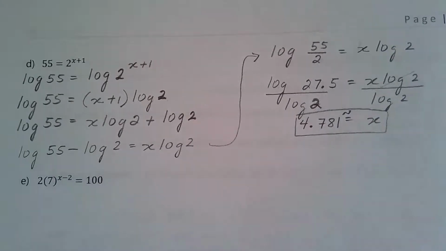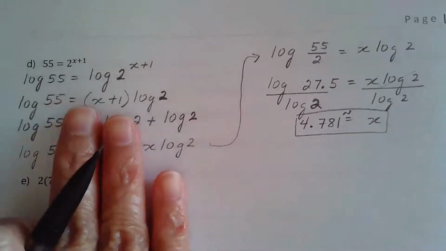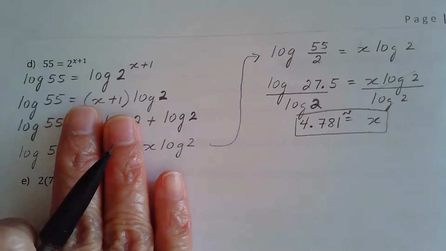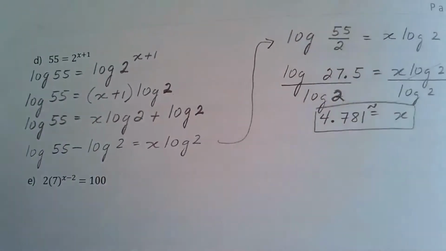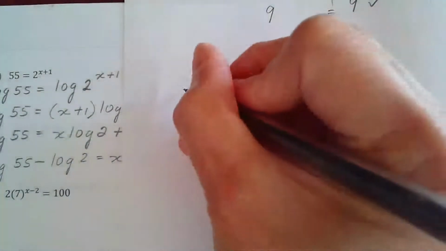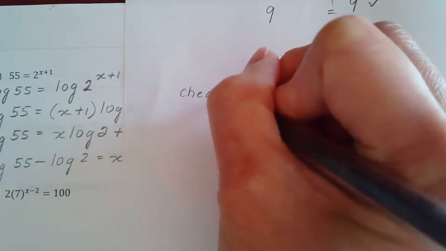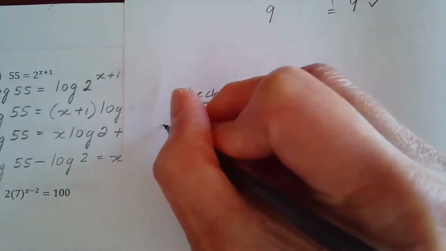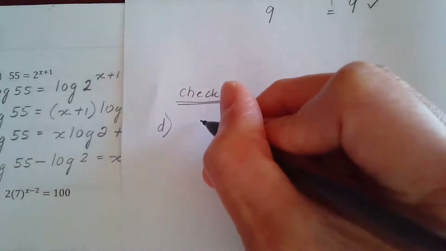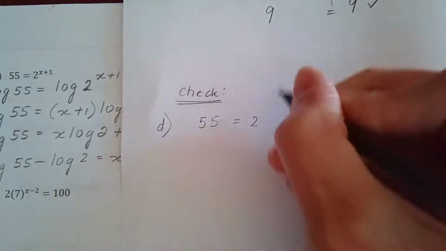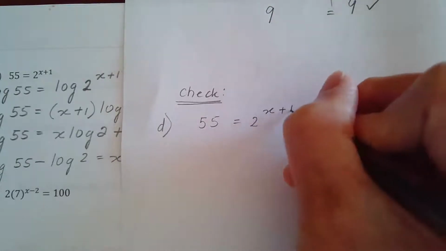Okay, now I'm just going to do a quick check on this one to make sure that everything is good to go. So we're going to check our answer. This is for letter D. 55 equals 2 to the x plus 1.